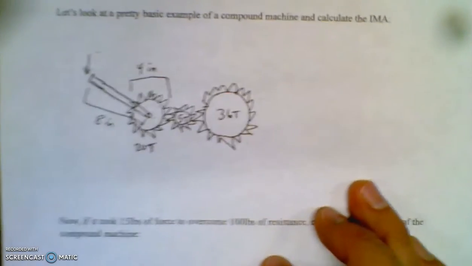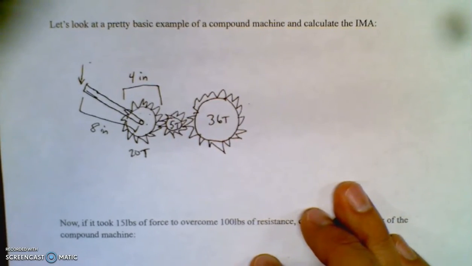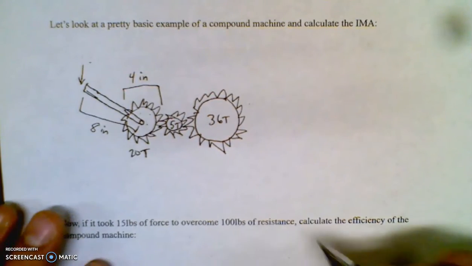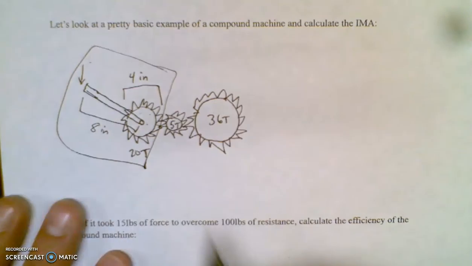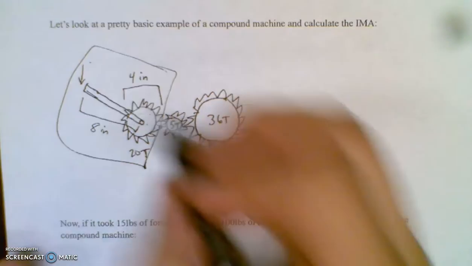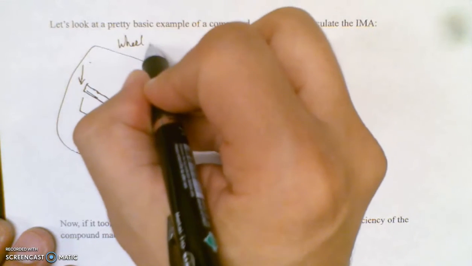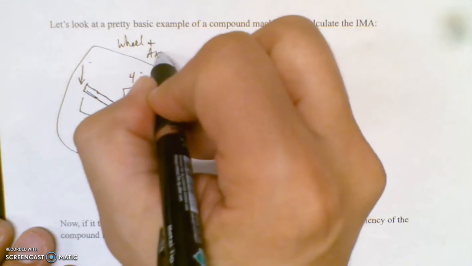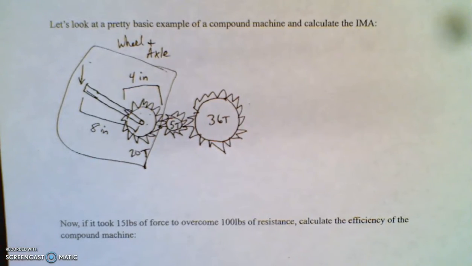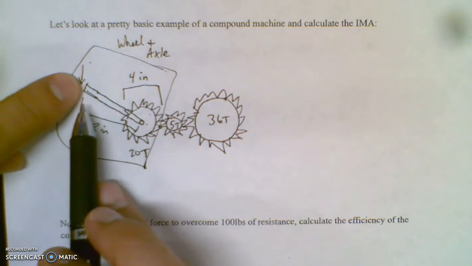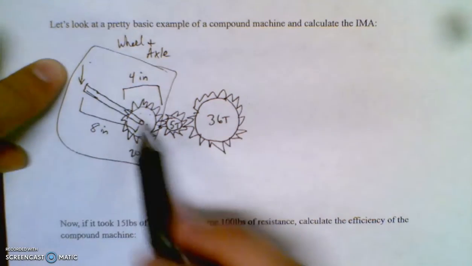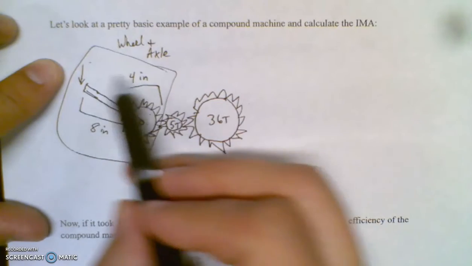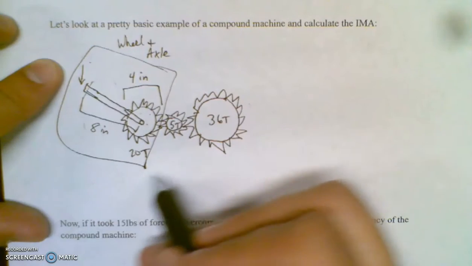All right, so here's a pretty basic example. In this thing, we have two machines going on. They're not super easy to see, and one's kind of tricky. We have one machine here, which is actually a wheel and axle. It's hard to see the wheel and axle, but if you imagine this thing spinning around and around and faster and faster, you can kind of start to see that big wheel, right?